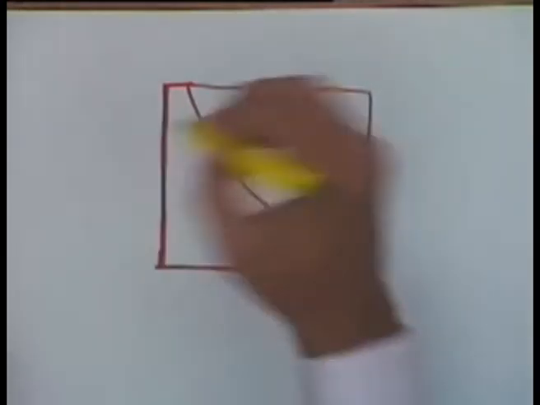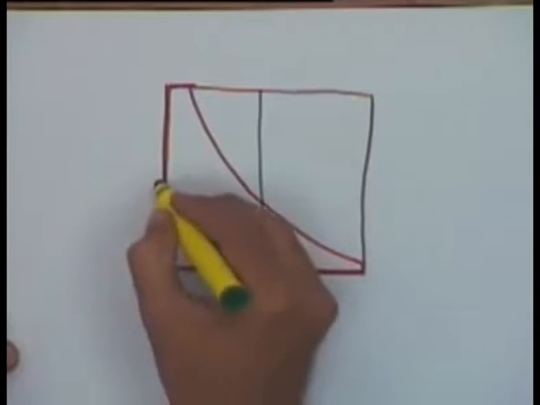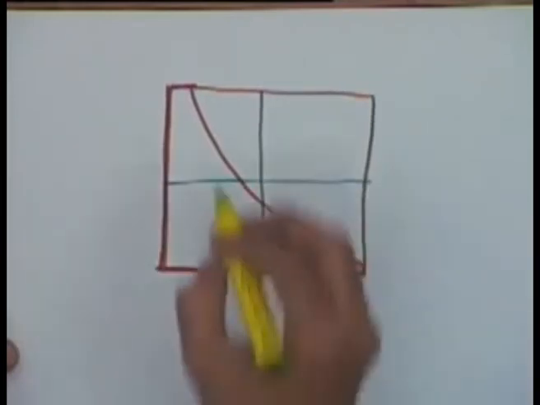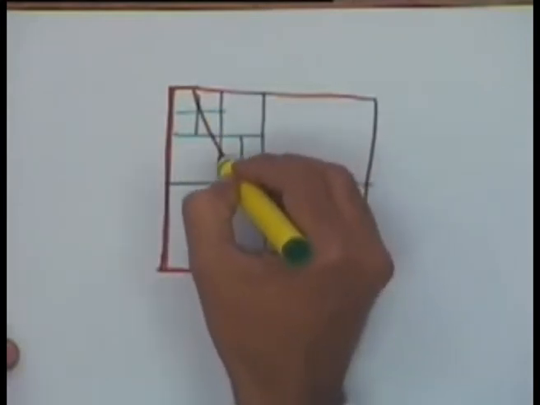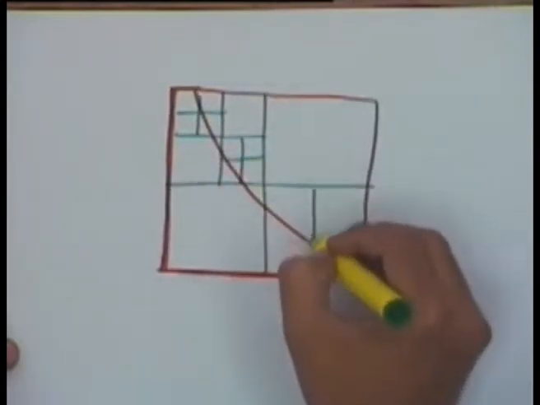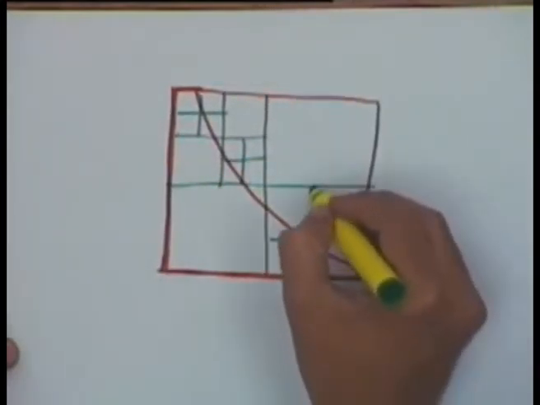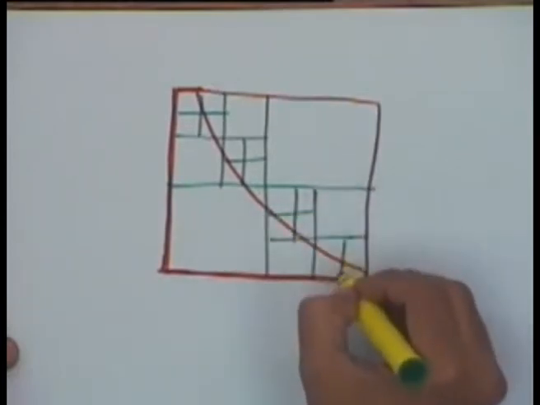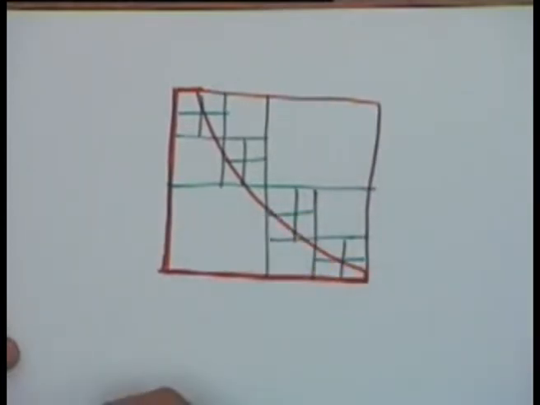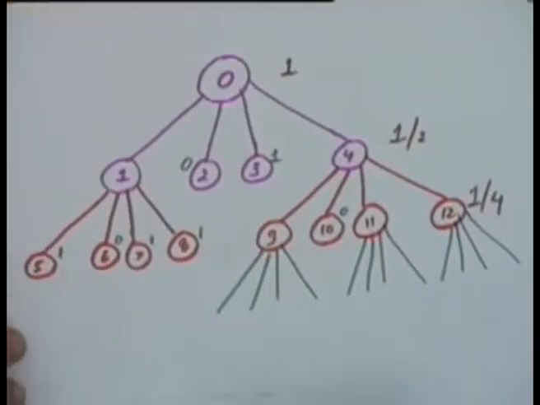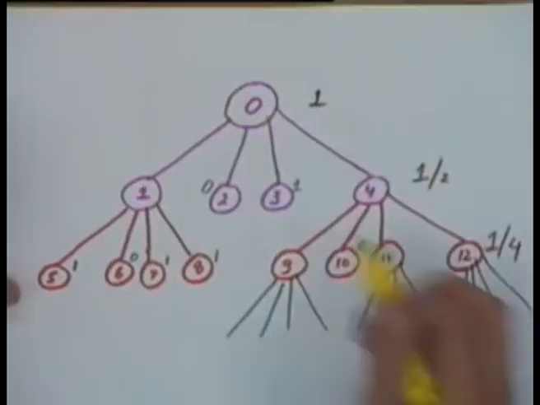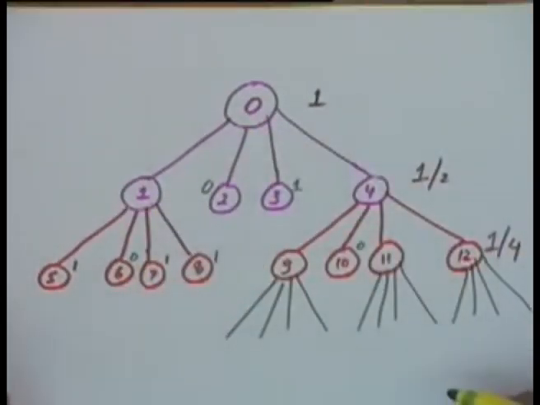I'll start by subdividing this into 4 parts. Again I'll subdivide this, subdivide this, subdivide this, and then possibly subdivide this way, and so on. Finally I get a representation which is something like this. Every node is divided into 4 parts and so on.